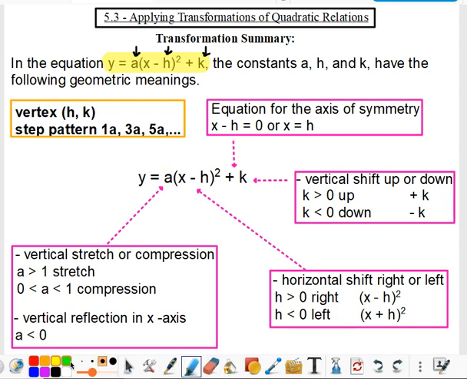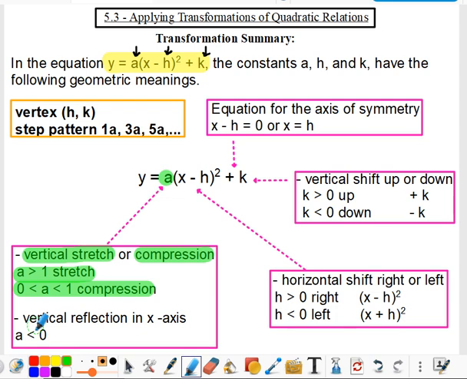We have a. Now remember, we often separate the plus and minus from the a, but let's just look at a. A indicates whether there's a vertical stretch or maybe some sort of vertical compression. It's a stretch when a is greater than 1, and it's a compression when a is between 0 and 1. So basically when it's a decimal starting with 0 point, or maybe it's a proper fraction, it's certainly a compression.